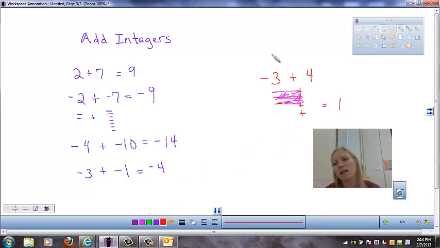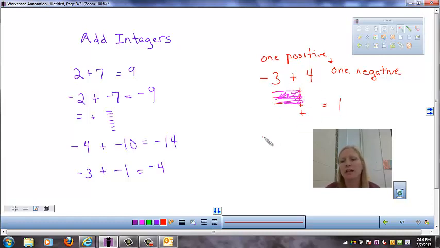It's just the same when you have 1 positive and 1 negative. Instead of adding, you end up actually subtracting, because 4 minus 3 is 1.